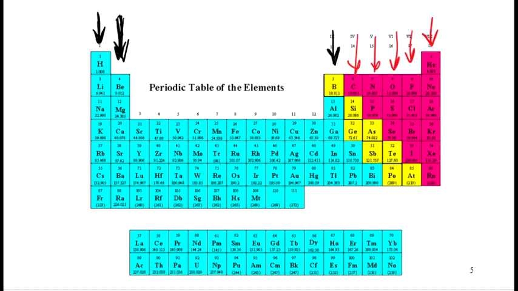And transition metals are placed in the middle of the periodic table. Please look at the transition metals. They start in the short columns on the periodic table.